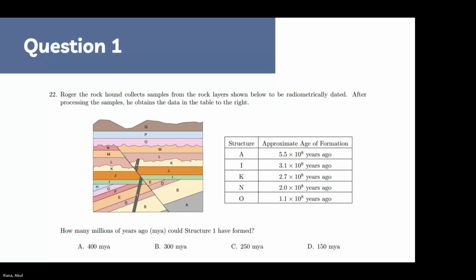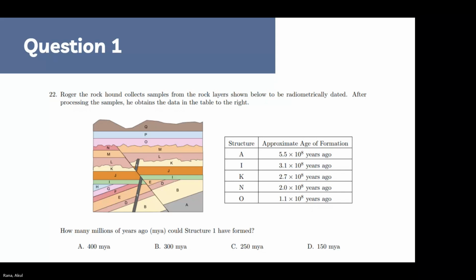So Steno's laws allow us to examine the age of certain features. So here we're looking at feature 1, structure 1, within the image on the left, which is a dike that is going through some of the layers below L. Because it is going through some of the layers, we know that it must be younger than K, the youngest layer which it goes through.